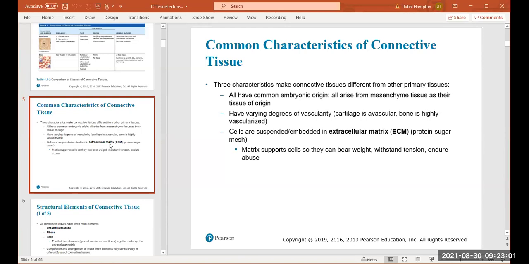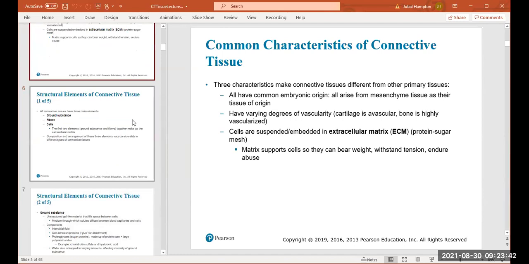It's surrounded by what looks like it could be a gel, and you're thinking, gee, what's this kind of empty space that we see here? But it's called a matrix, and the matrix is made up of all different sorts of things. It's mostly a protein sugar mesh which helps to support the cells. And indeed, the matrix supports them, so the tissue itself can bear weight, withstand tension, and endure a lot of orthopedic abuse, especially. So we see that in a lot of the joints.